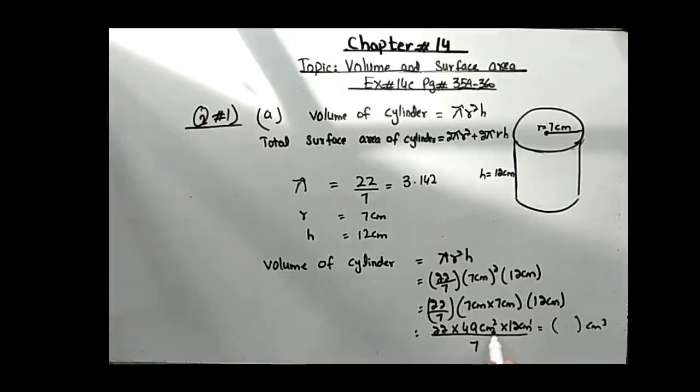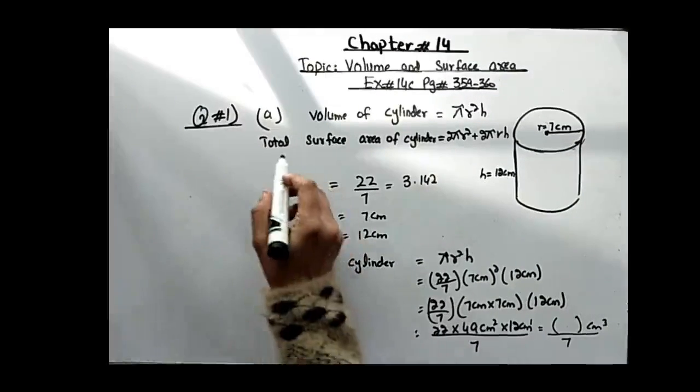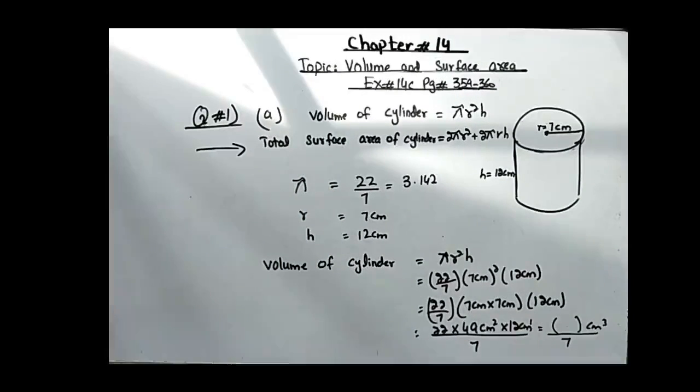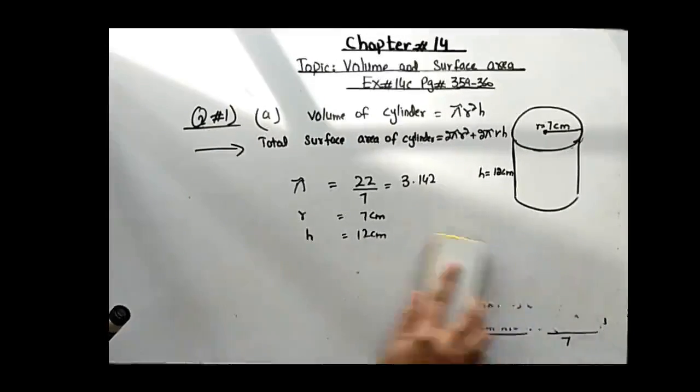When these are multiplied, the powers will add, 2 plus 1, it will become cube. Then you will divide by 7, and in the end you will get the final answer of volume of cylinder. Got it, beta? Now complete this question and come to the second part, and the second one is total surface area. That is how we can find the total surface area of this cylinder now.